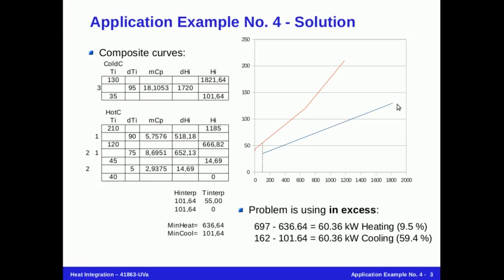It coincides with stream number 3, and the hot composite got 2 streams that must be compounded, but it's not complicated: taking the temperature limits of the intervals and summing up the contribution of enthalpy flow at each interval, we get the composite curve.